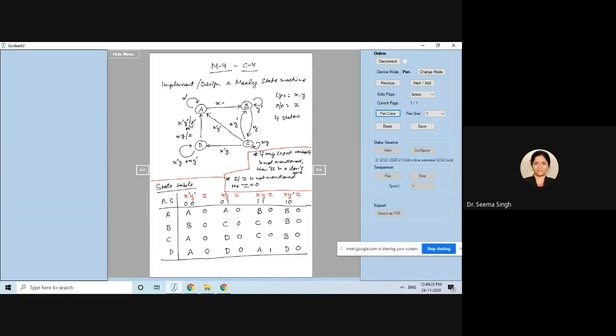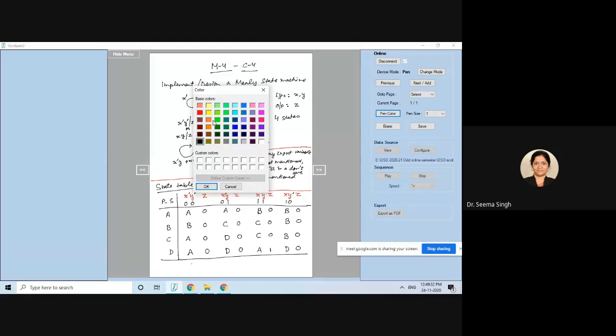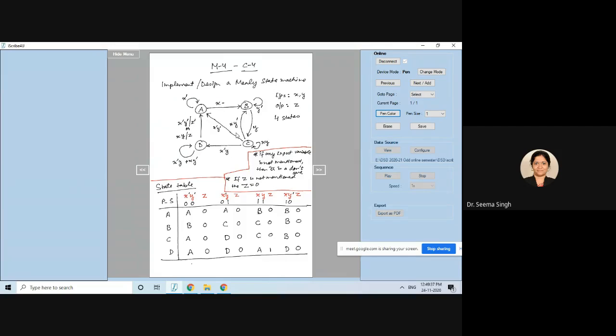So what we will do now, to begin with our transition table, is give names to these states. Then only can we do the transition table. So state A will be 0 and 0.